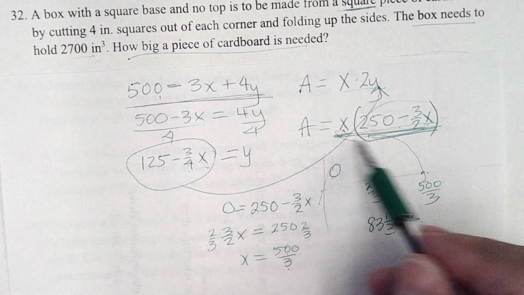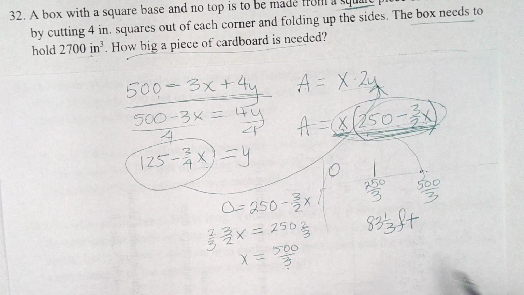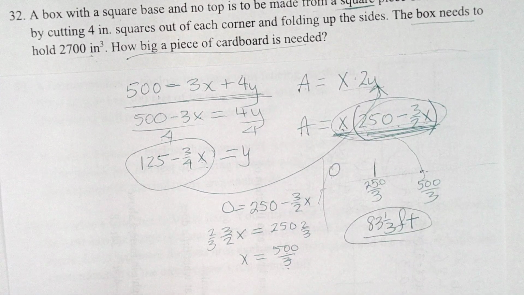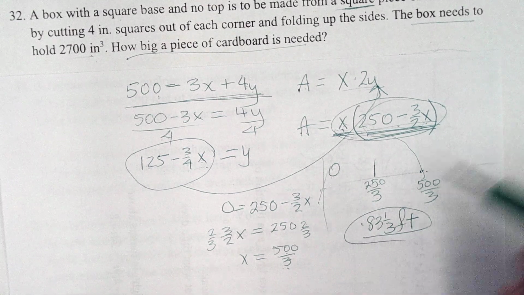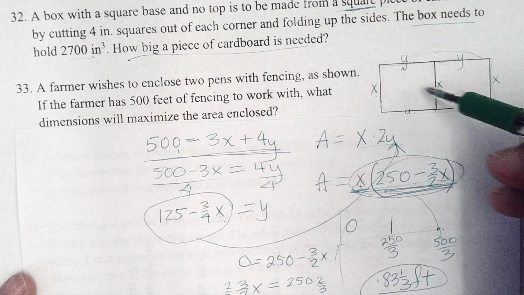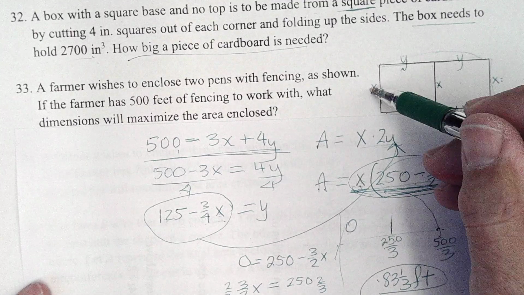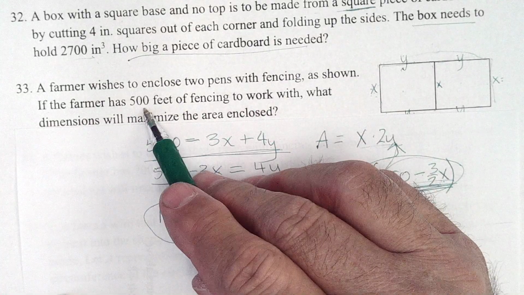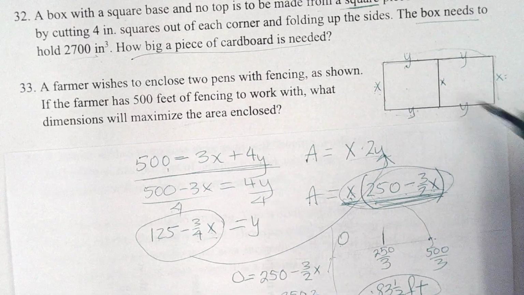Now, you could have just typed this into your calculator or Desmos and clicked on the vertex, and it would have given you the x value that maximizes it. But that's only one of the dimensions, 83 1/3, 83 1/3, 83 1/3. If I add those up and take them away from 500 and then divide by 4, I'll have the y.